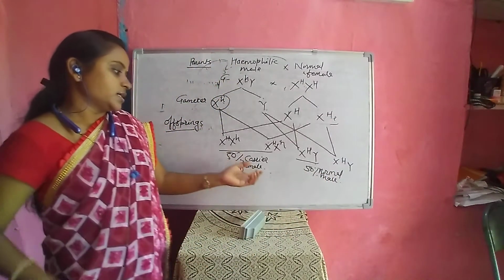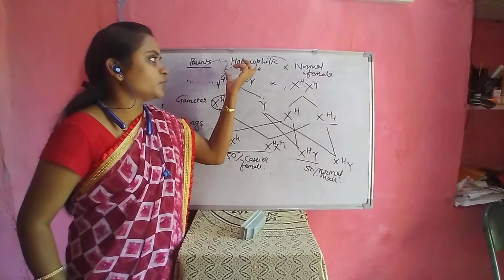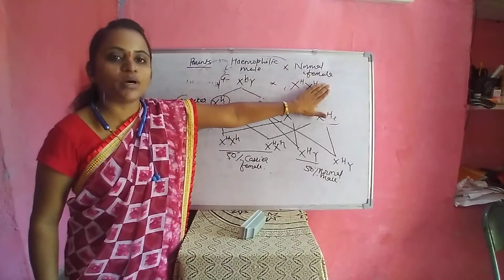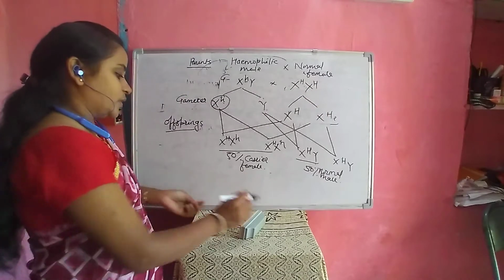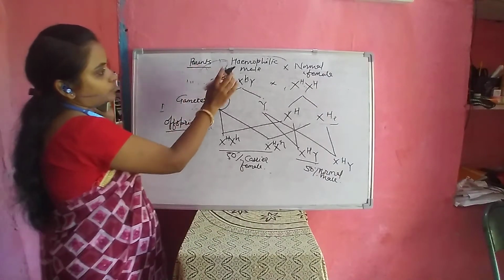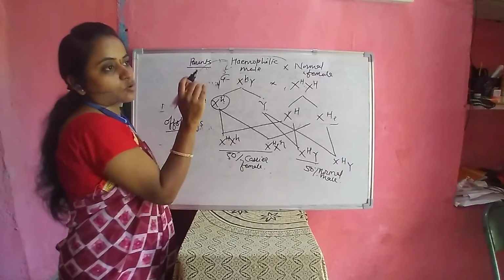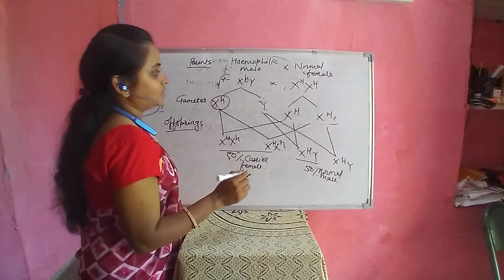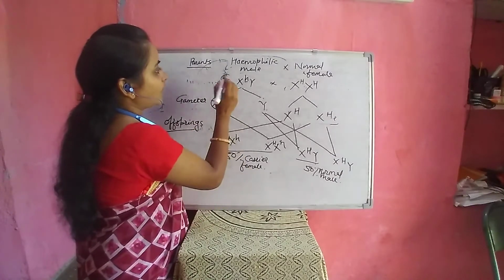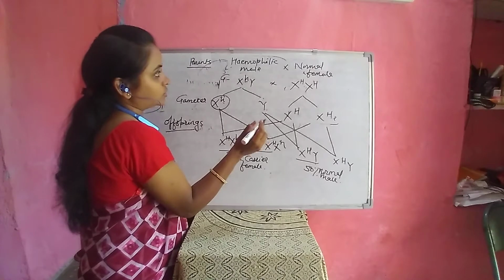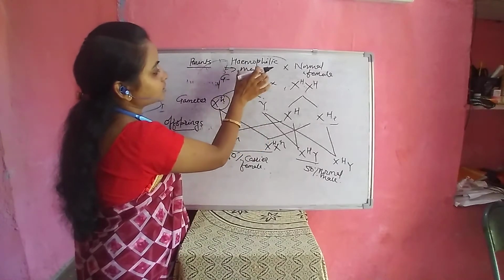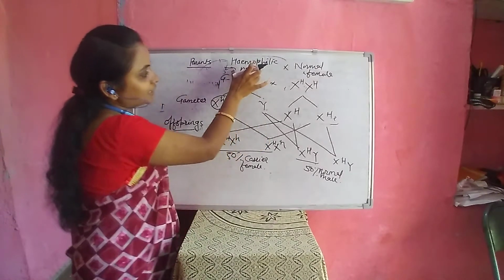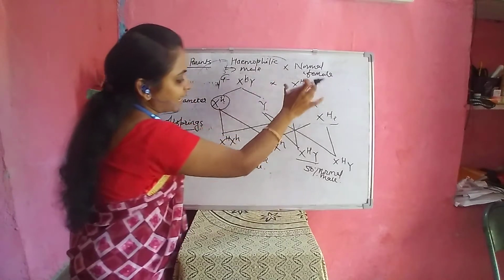This is the condition seen when a hemophilic male crosses with a normal female. Hemophilia is also called a crisscross disease or disorder. So why is it called a crisscross disorder? Firstly, the hemophilic male crosses with the normal female.